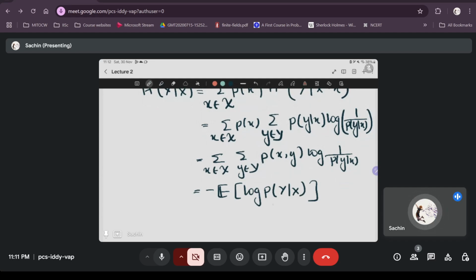When you write something like this, you have to be careful to note that it is just a notation. There's no such thing as a probability of a random variable given another random variable. Probability is defined only over events, and Y given X is not an event.